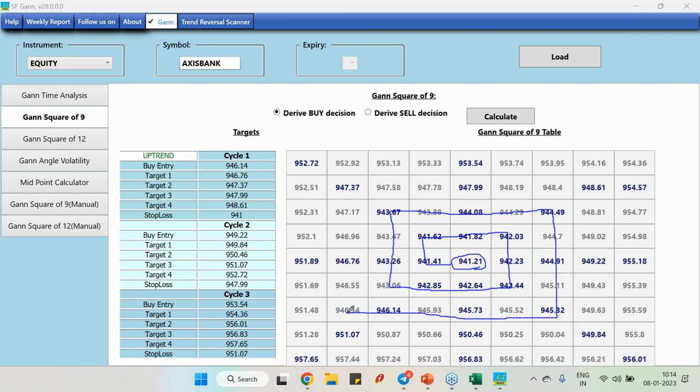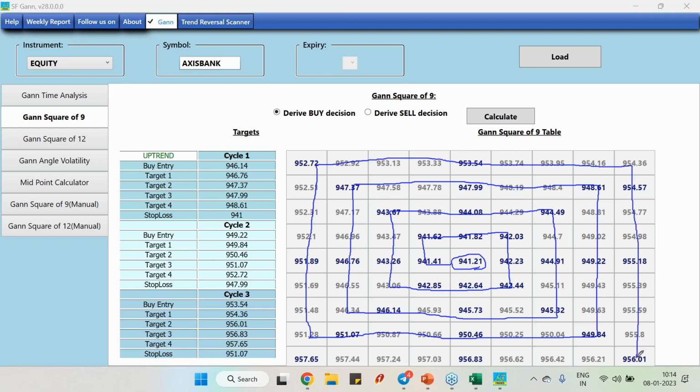Now the third spiral starts, and it continues, one value extra here, one value extra here, then it goes and goes and completes here. It is not in a straight line because I am dragging it with the mouse pointer. If you are a good artist, you can draw nicely with a pencil.